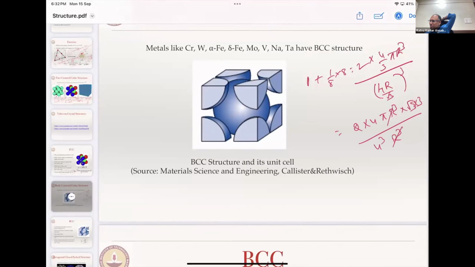R cube gets cancelled. That is equal to 6 root 3 pi divided by 16. Is that correct? No. There is something wrong I have done.